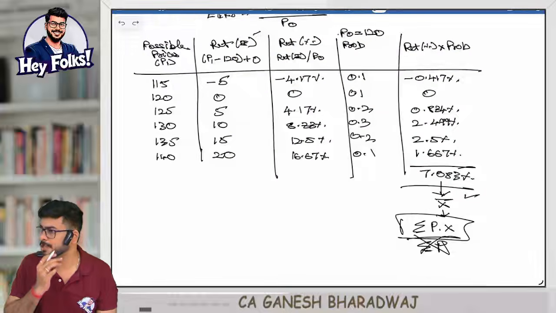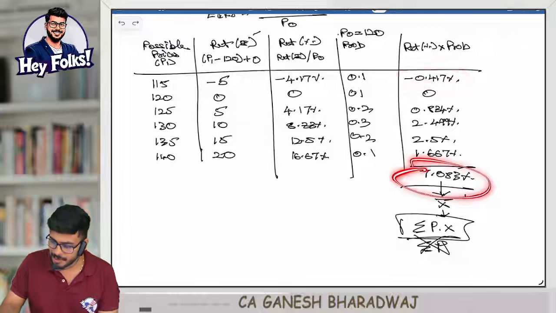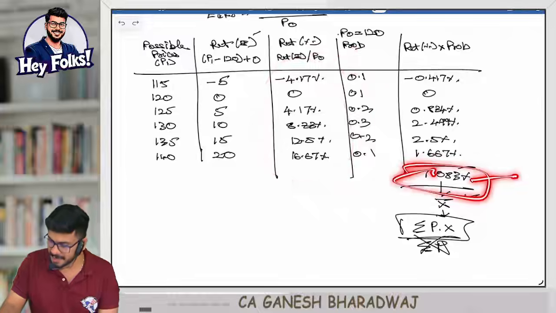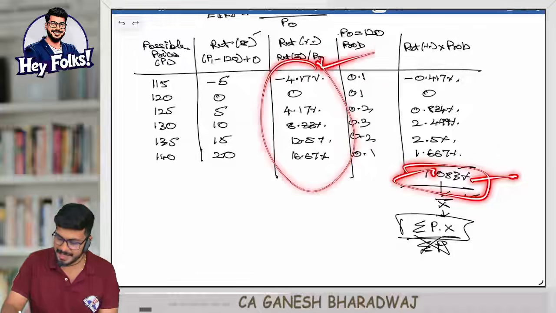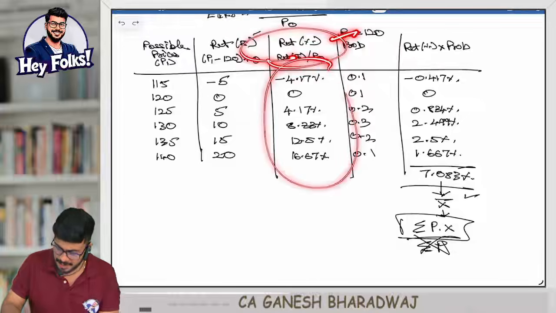This column is what we use for calculating this figure, where you multiply with probability and arrive at the figure. These are the 6 possible return outcomes. Is that clear? Don't make a mistake. That's why I asked you. This column needs to be copy pasted.